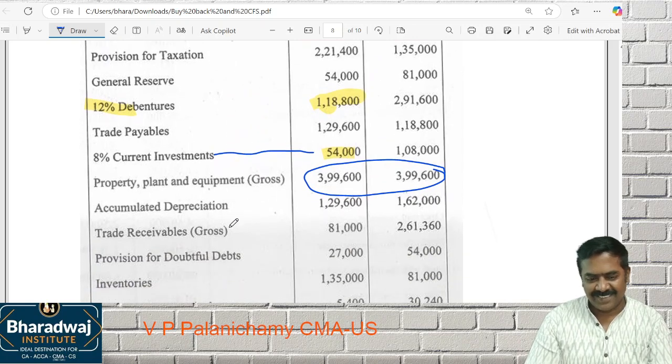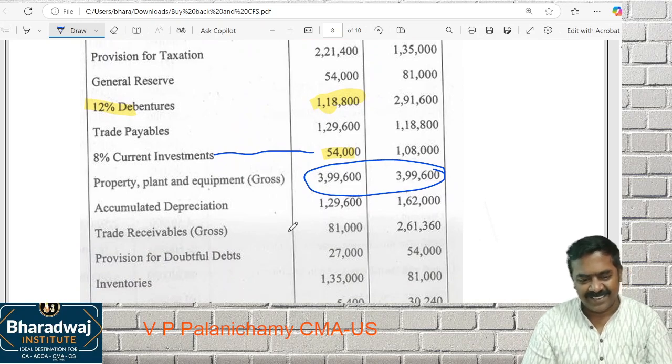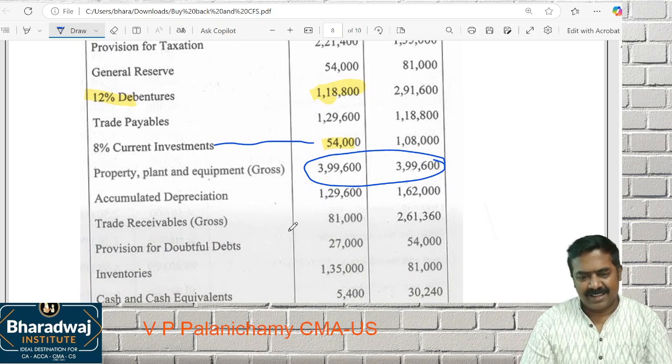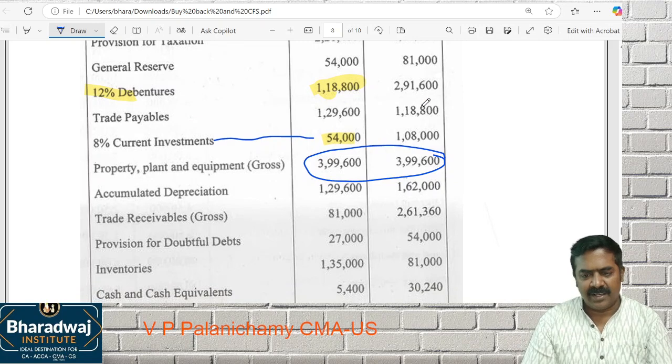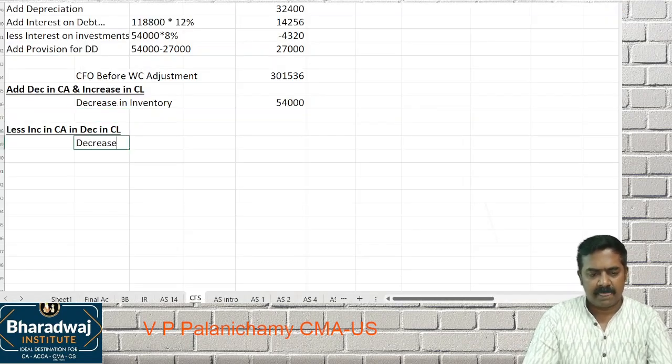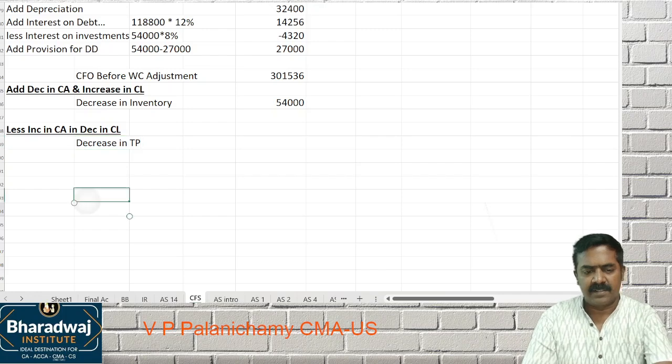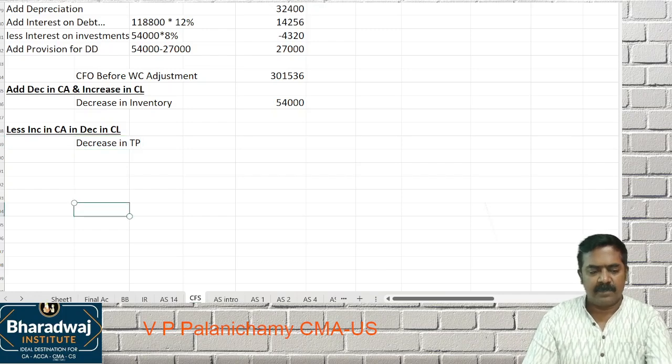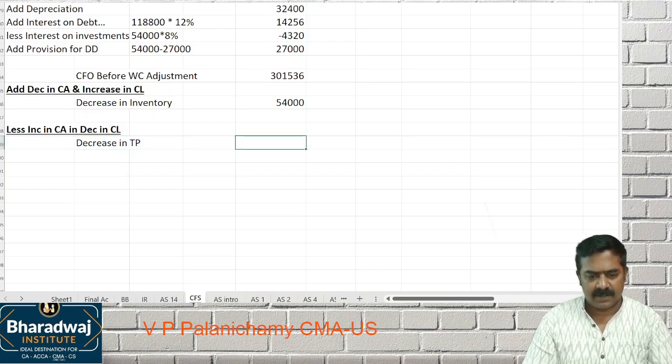One minute, yeah. Trade receivables, okay. Trade payables 129,600 to 118,800, decrease means we paid. Decrease in trade payables, how much? 10,800.